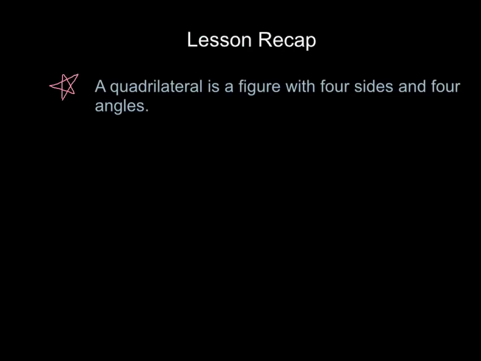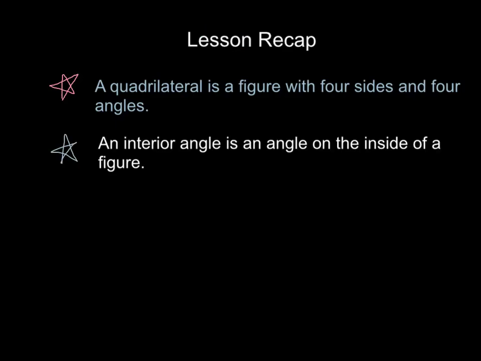We're going to do a quick lesson recap to touch on the key points that we learned in this lesson. The first thing that we reviewed is that a quadrilateral is a figure with 4 sides and 4 angles. Next, an interior angle is an angle on the inside of a figure.